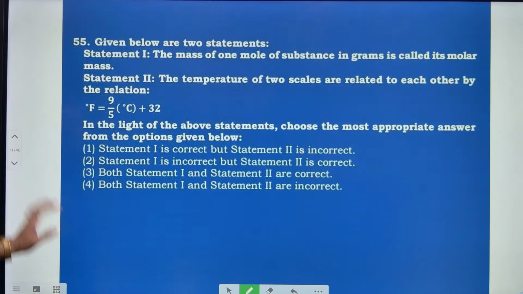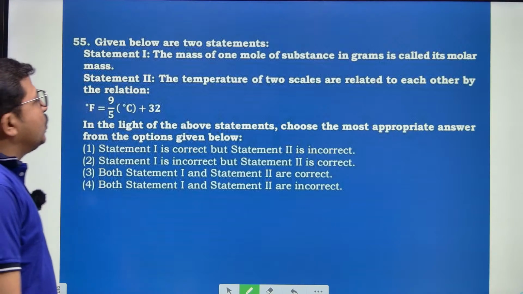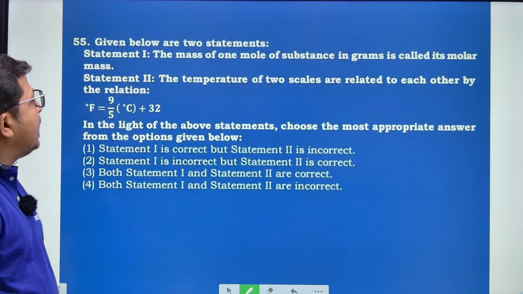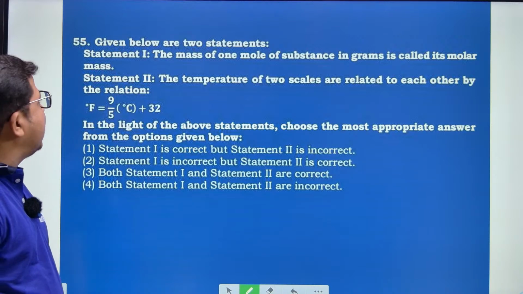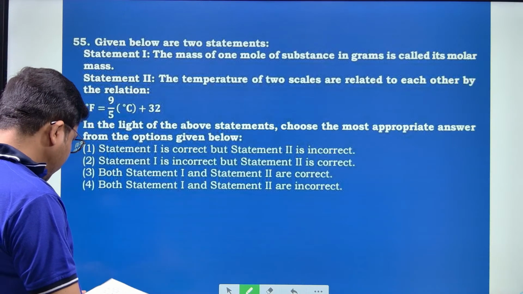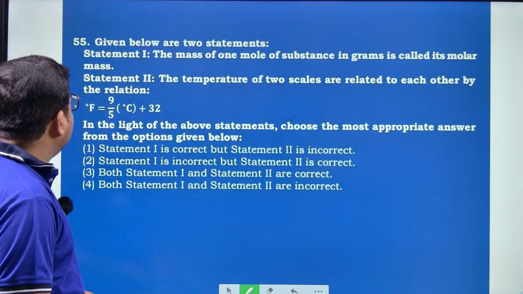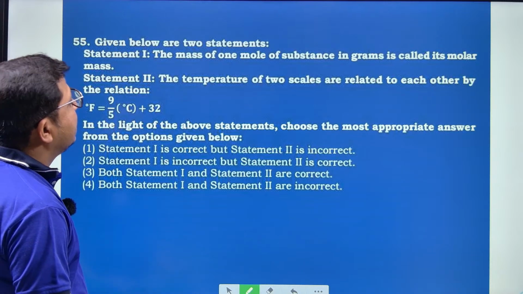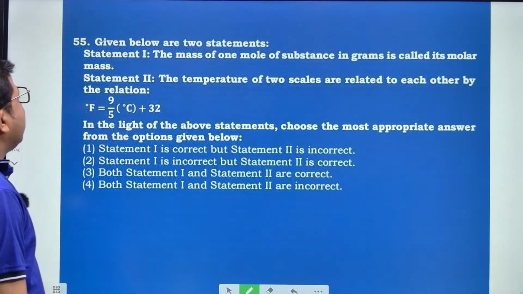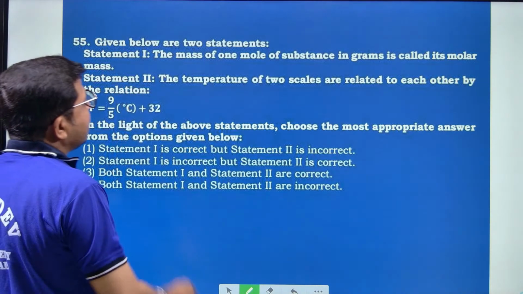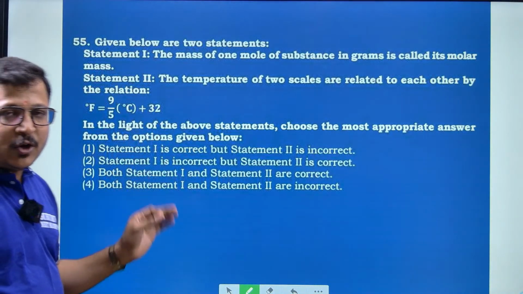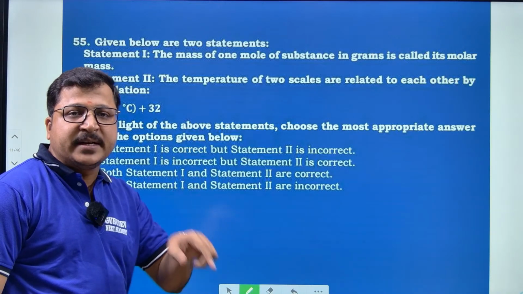Given below are two statements. Statement 1: the mass of 1 mole of substance in gram is called its molar mass. Statement 2: the temperature of two scales are related to each other by the relation. See here, the definition of molar mass is the sum of atomic masses of all the atoms present in a molecule.